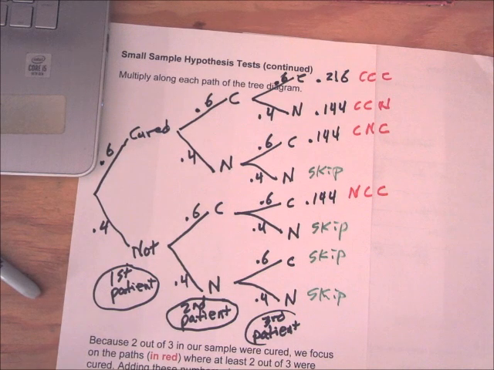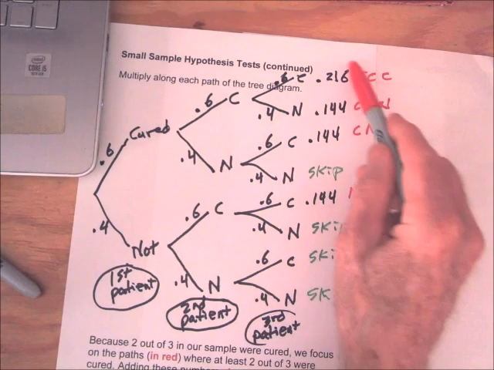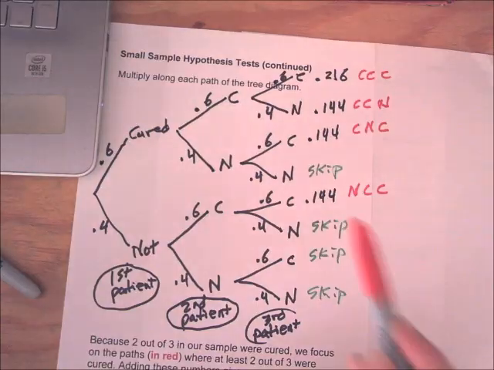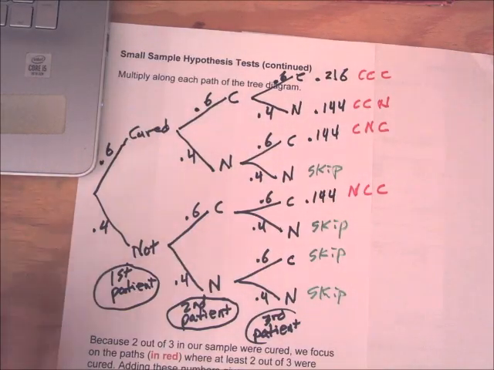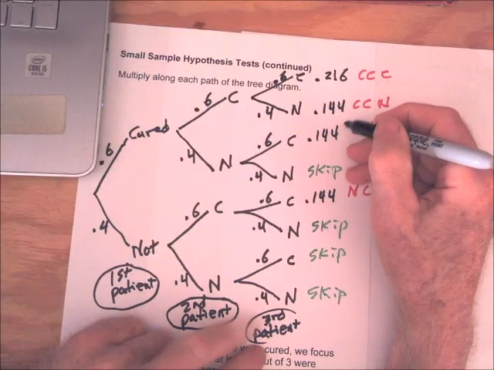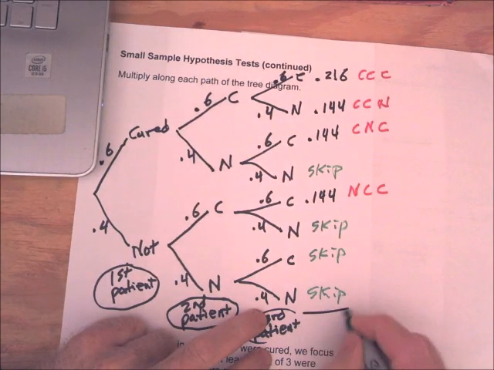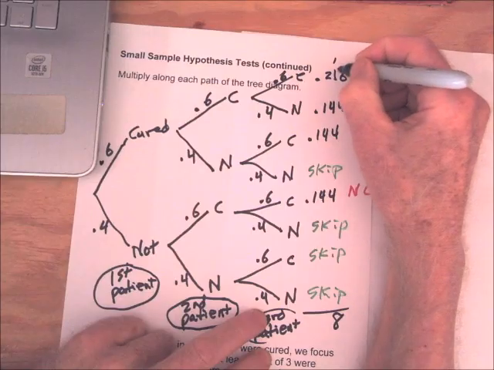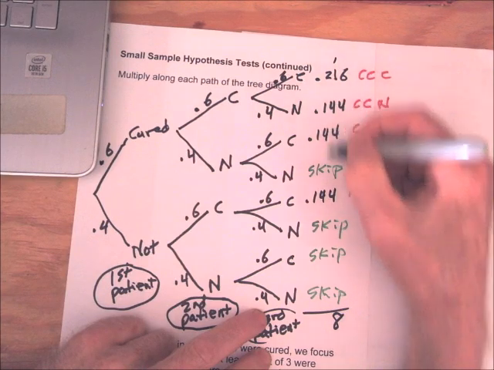So then, to get the p-value, we can add up these numbers: 0.216 plus 0.144 plus 0.144 plus 0.144. 6 and 4 is 10, 14, 18. Carry the 1. 1, 2, 6, 10, 14.